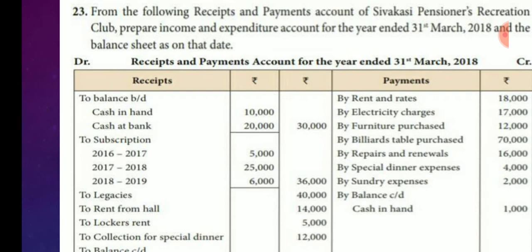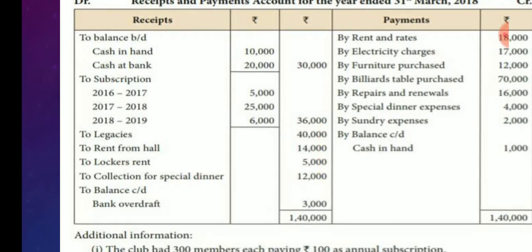To legacies 40,000. To rent from hall 14,000. To lockers rent 5,000. To collection for special dinner 12,000. The closing balance of bank overdraft 3,000.